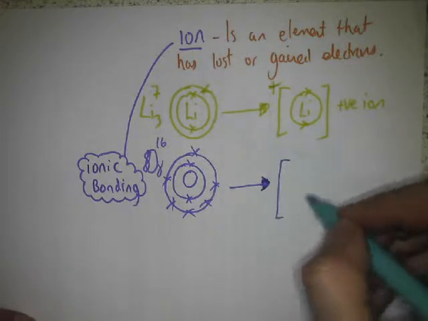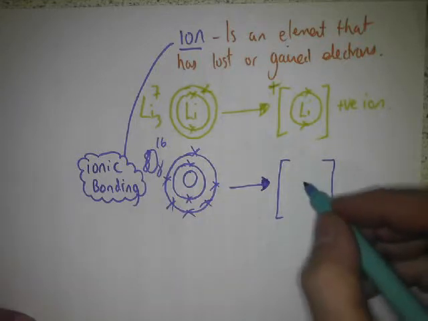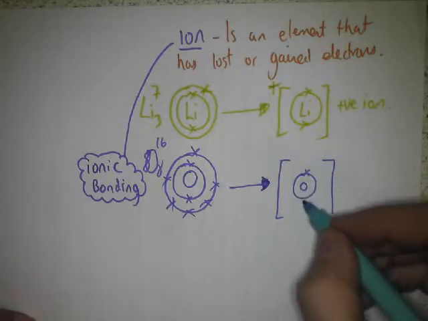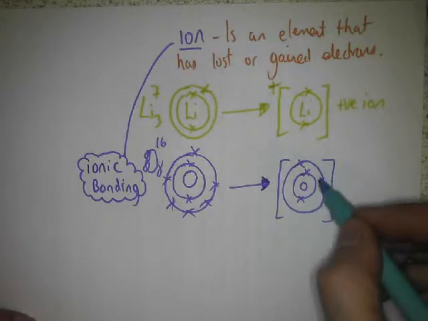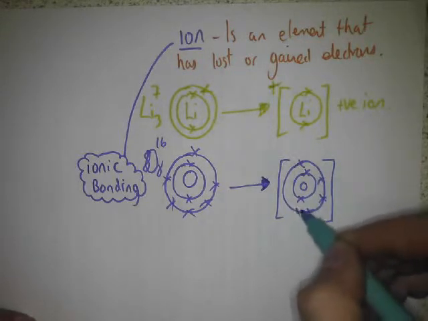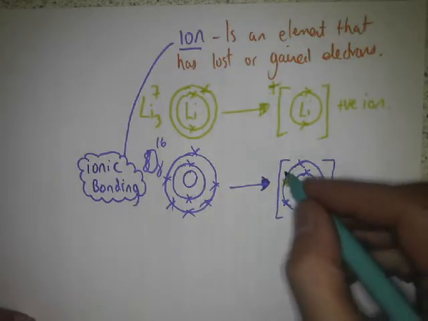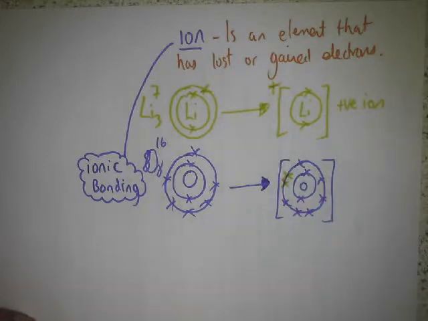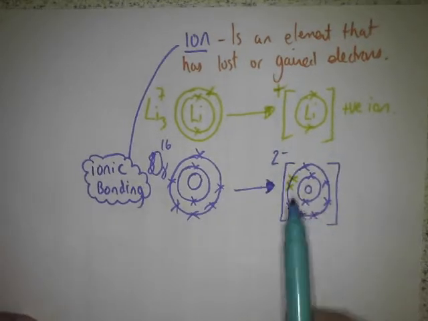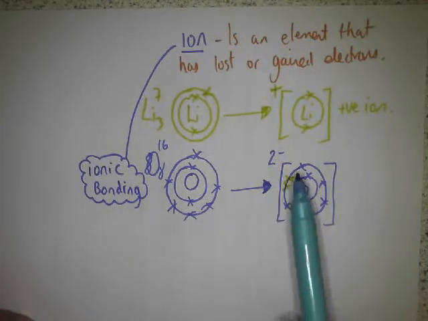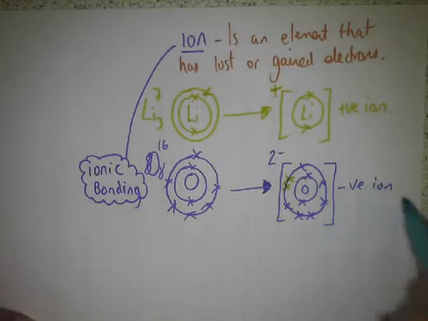And when it gains 2 more to make that 8 that it desperately wants, we have to signify what's happening by putting brackets round. This has gained 2 electrons, so it's now going to be 2 minuses. Gain 2 negatives, it's going to be 2 minuses. These are examples of ions, a positive ion and a negative ion.